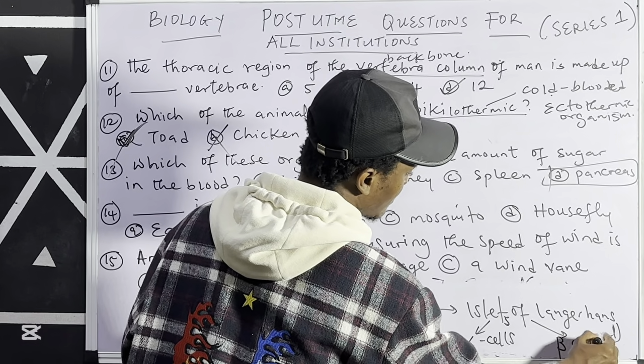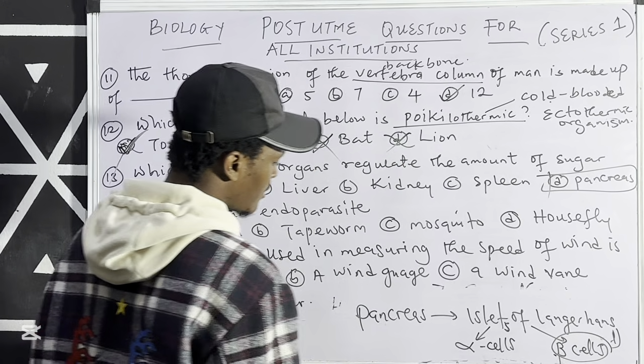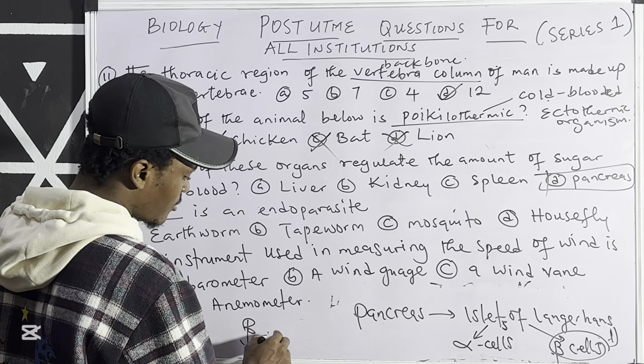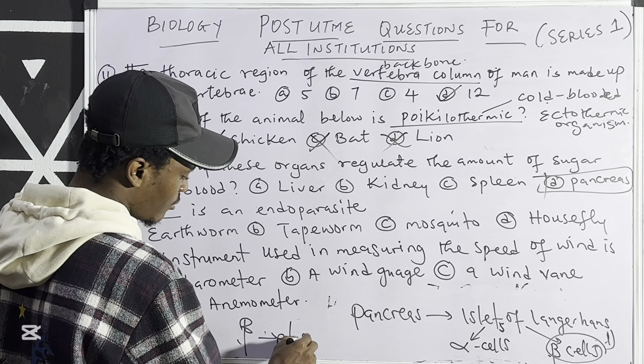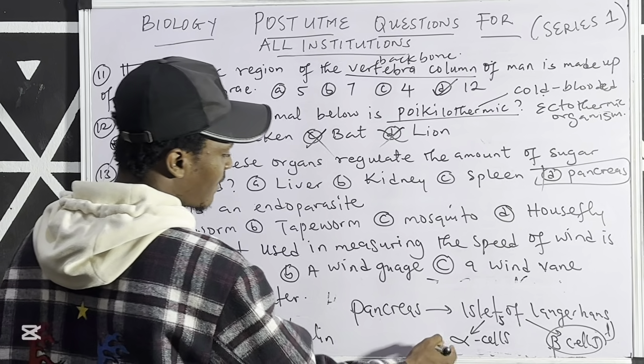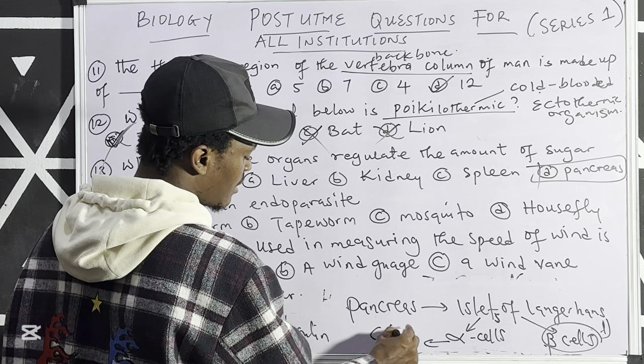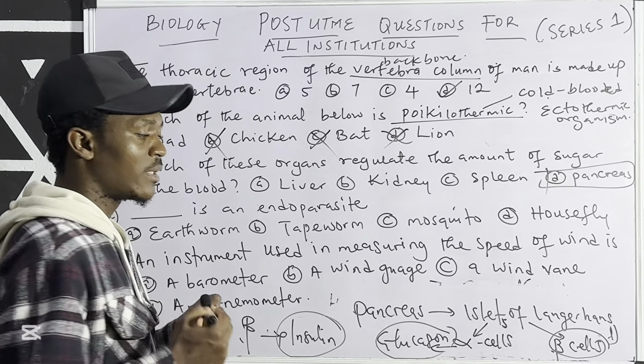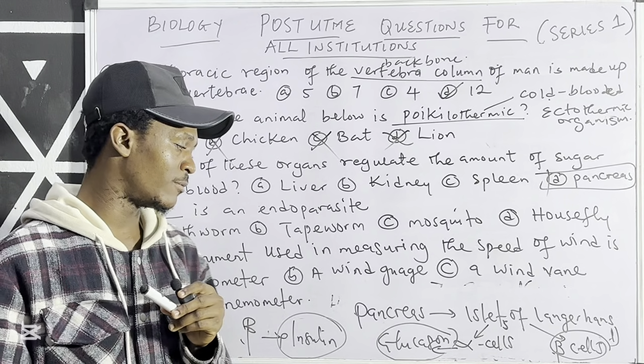The beta cells secrete what is known as insulin, while the alpha cells secrete glucagon. So insulin and glucagon are both hormones that regulate the blood sugar level.